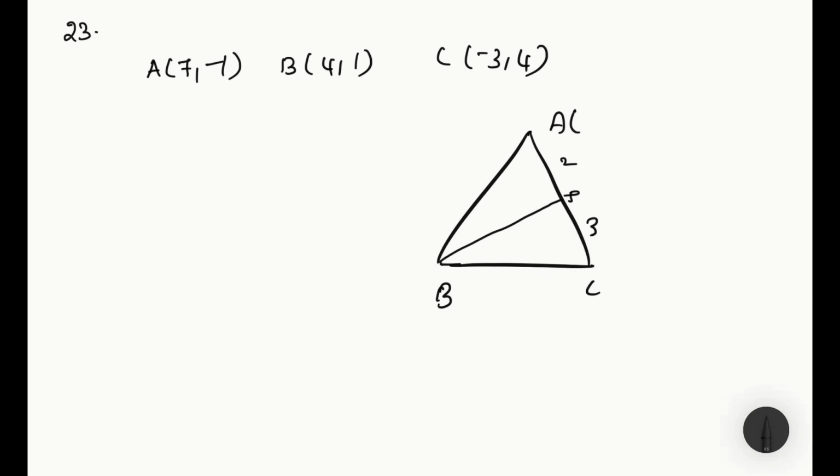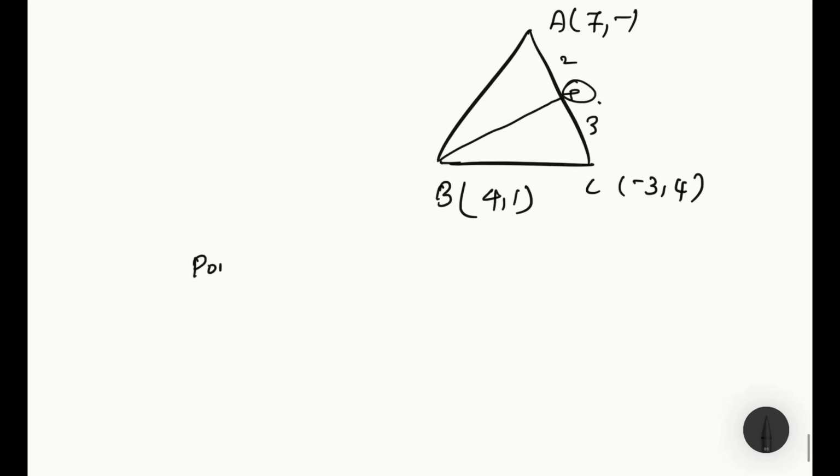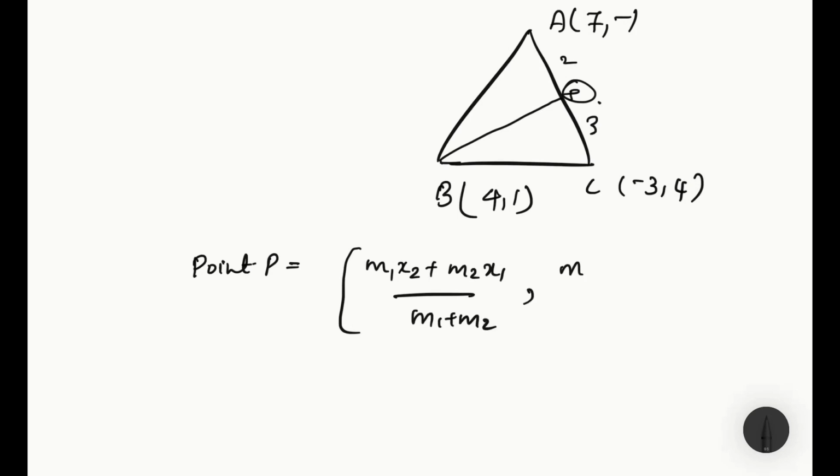So how will you do it? A is (7, minus 1), C is (minus 3, 4) and B is (4, 1). First we need to find this point P. How will you find point P? We have the formula, right? What is that? (M1 x2 plus M2 x1) by (M1 plus M2), comma, (M1 y2 plus M2 y1) by (M1 plus M2).